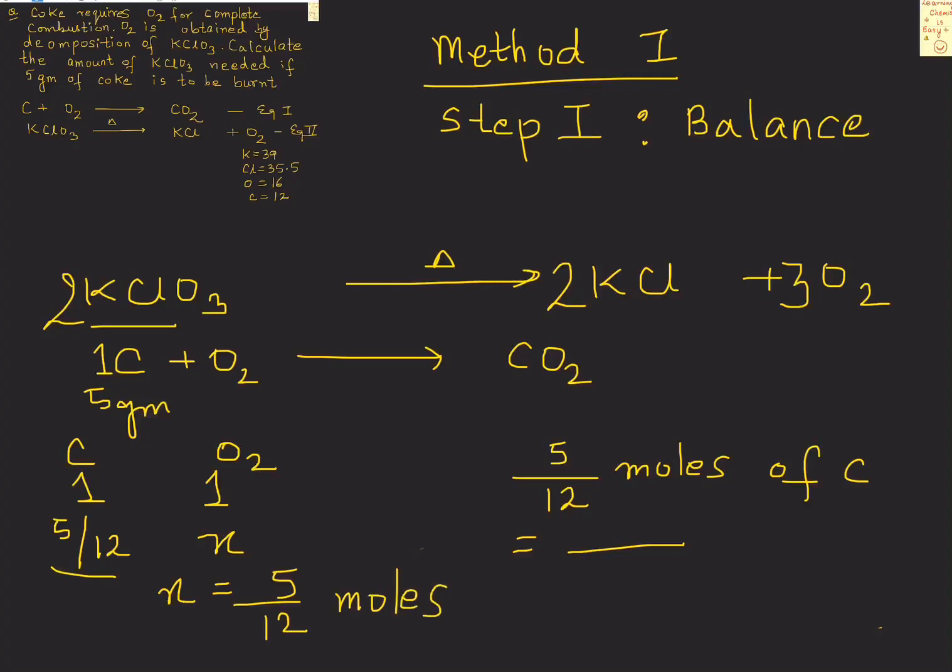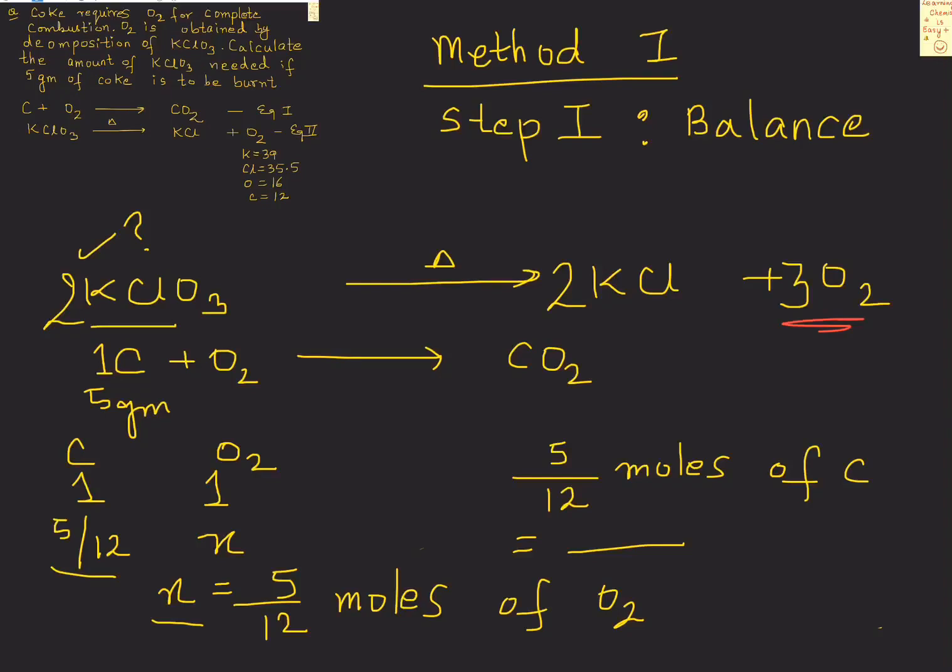Now let me not worry about calculating the mass, because I am not being asked the amount of oxygen which is being generated. What has been asked of us is what weight of potassium chlorate will generate that oxygen. So let's go to our first equation. Now here you will correlate potassium chlorate and oxygen.